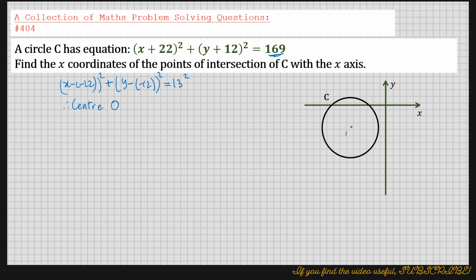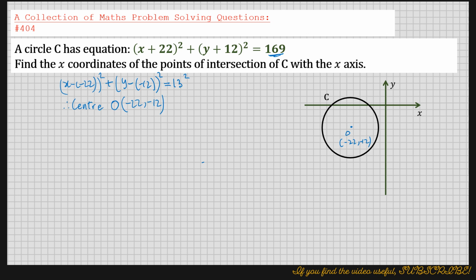So the center O has coordinates minus 22, minus 12. So that's the center, right? Minus 22, minus 12.